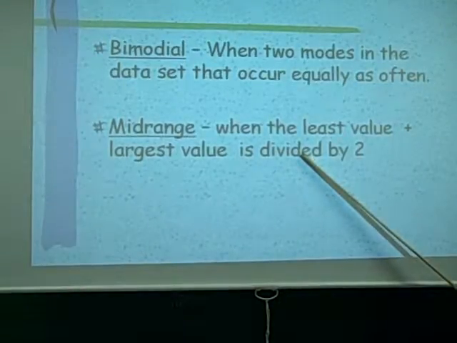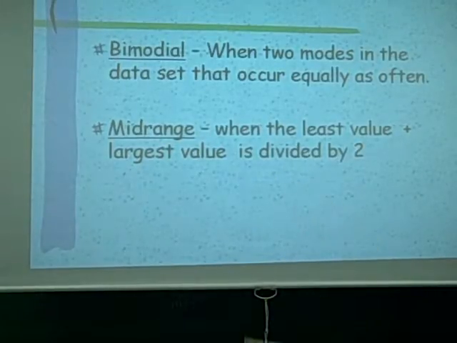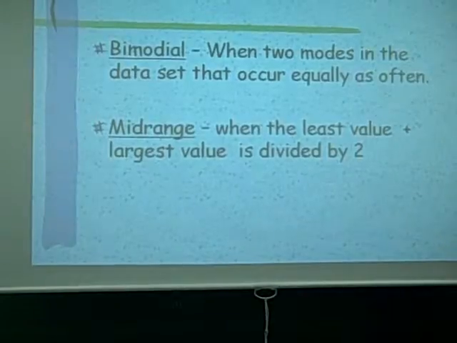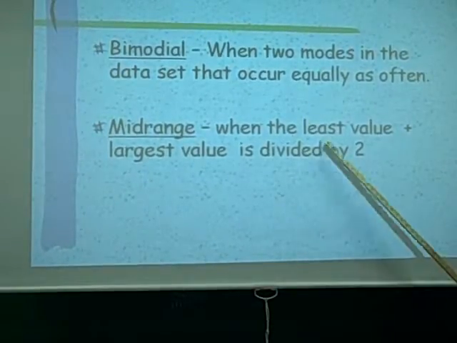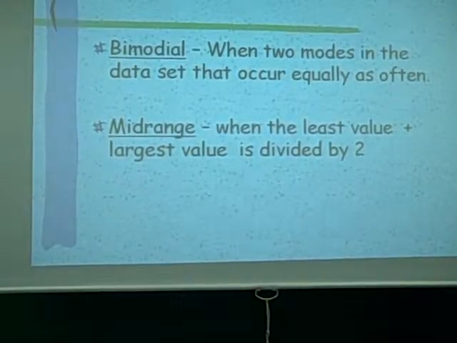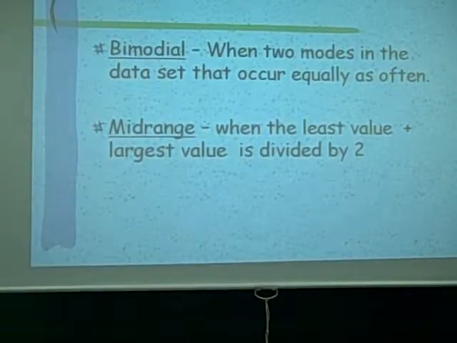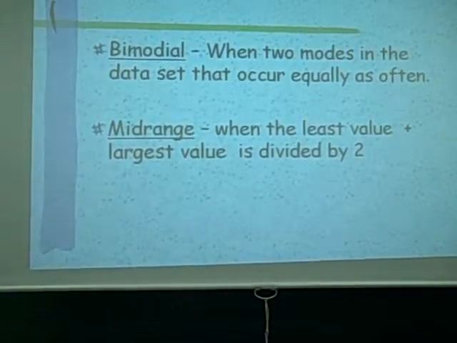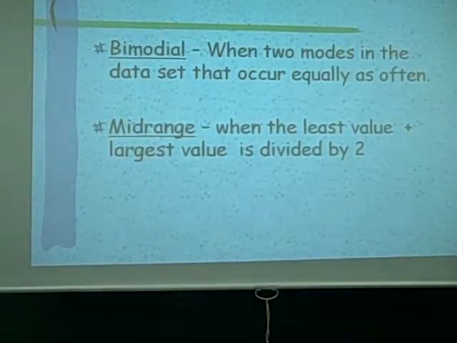Mid-range is where we have the least value plus the largest value divided by 2. Again, we're trying to get that middle ground, that middle region: least plus the largest divided by 2. Now, mid-range and range, which we're going to cover in the next lesson, are two things people sometimes mix up and get confused between.